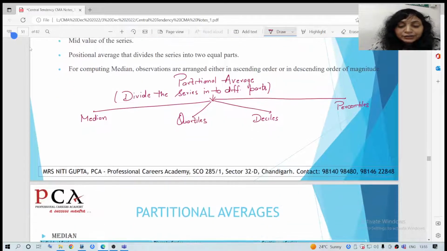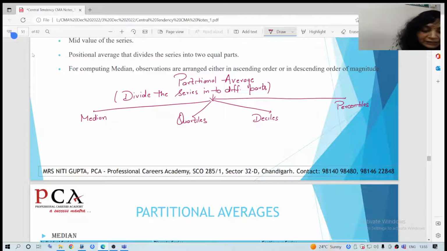First of all, let's understand the meaning of these partitional averages. Median. Median divides the entire series into two equal parts.